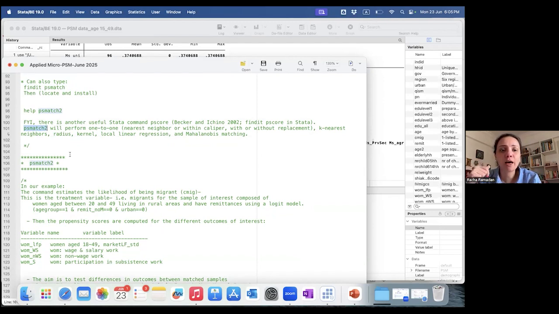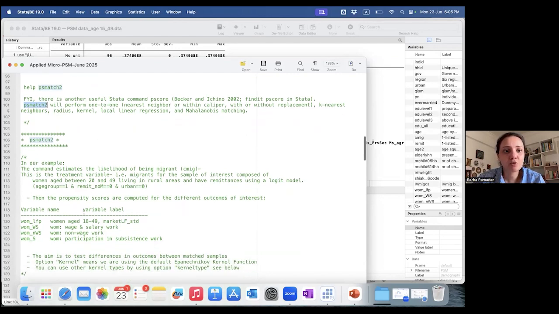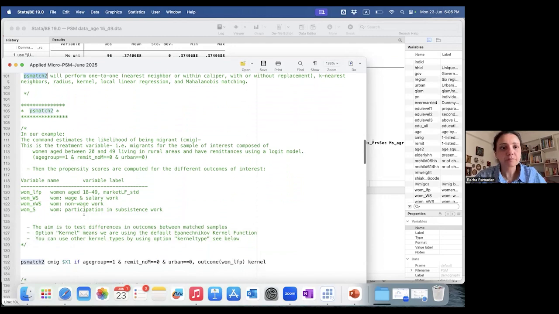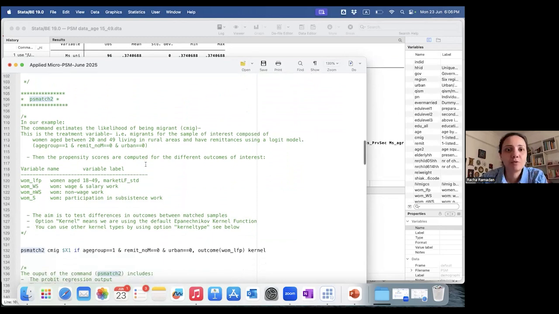You can also have kernel functions, so you have different ways to conduct it. Okay, I will use psmatch2. So if you want to try the command with me, I would recommend that you download it.